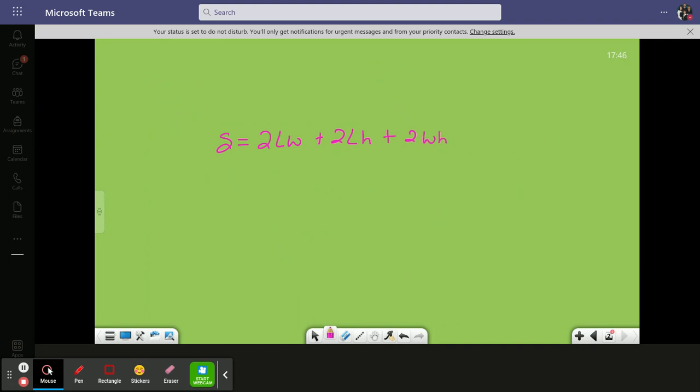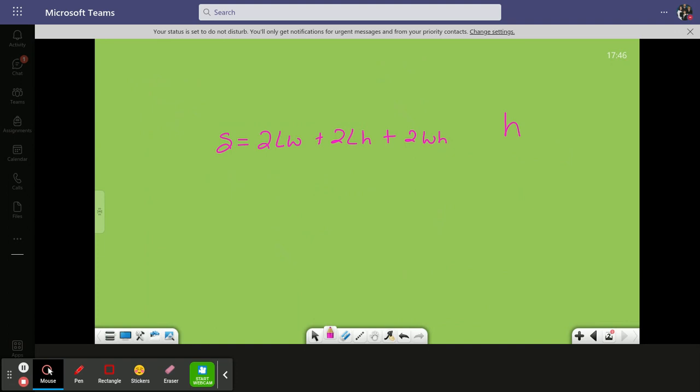Do you remember that one? Surface area. No. We haven't been on this earth a long time yet. Come on. All right. Let's find out what h is.